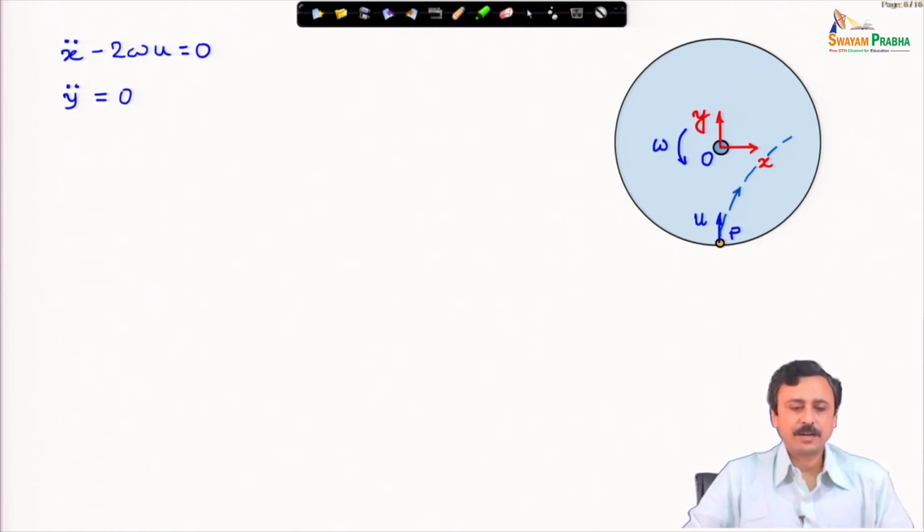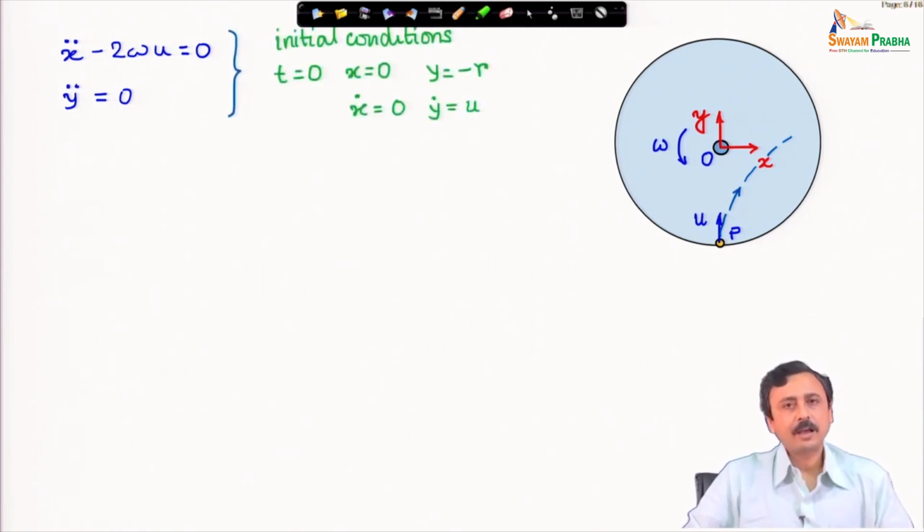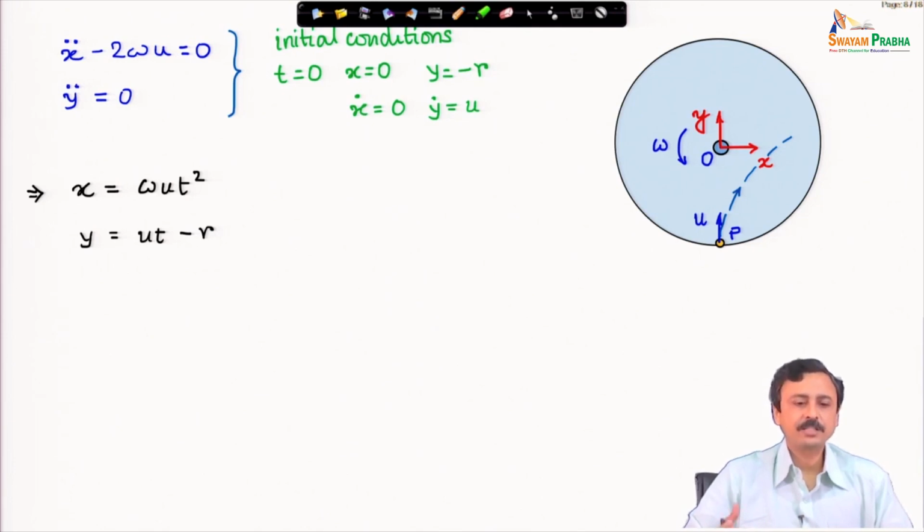Now, they are really simplified, and I can again use these initial conditions and integrate. Straightforward integration, x double dot is constant, y double dot is 0. So, these are the integrals, and now you will notice at time t equal to 0, x equal to 0 and y is equal to minus r as the initial conditions demand.